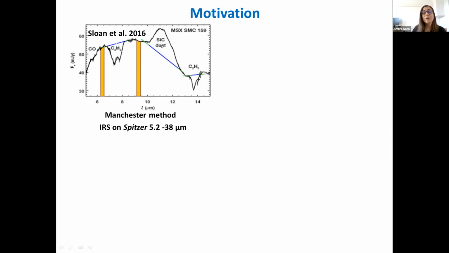We can relate the properties of these features with the reddening of the star, so basically with how much dust we have in the circumstellar envelope.